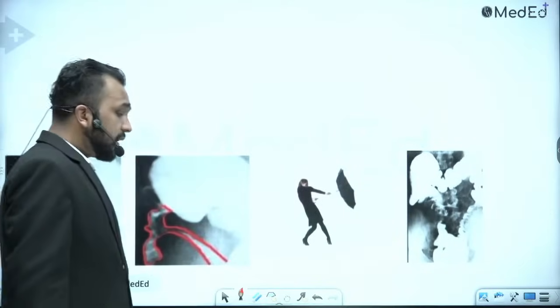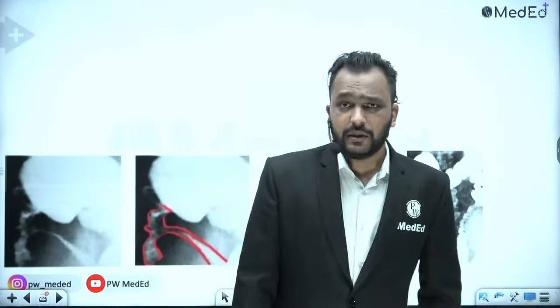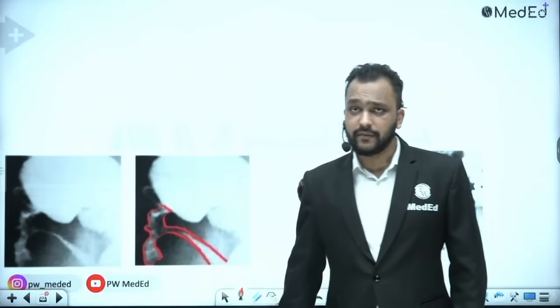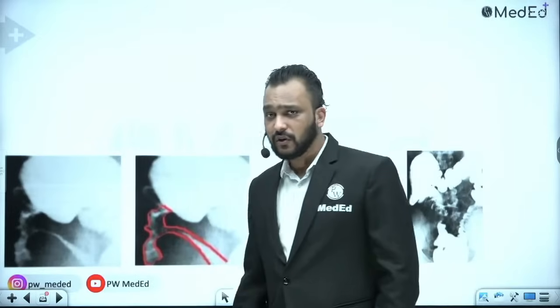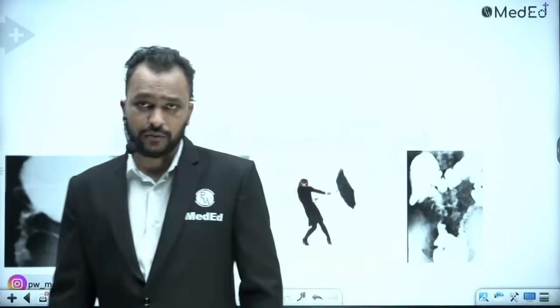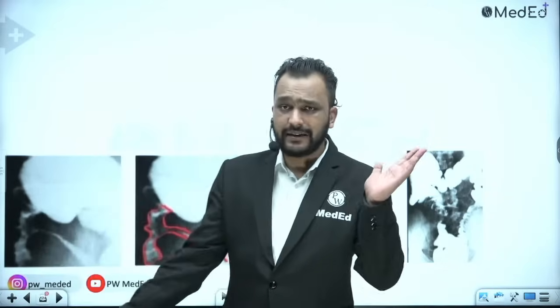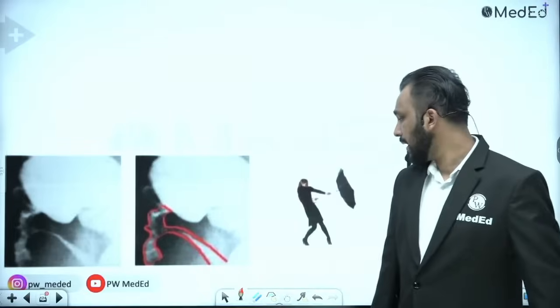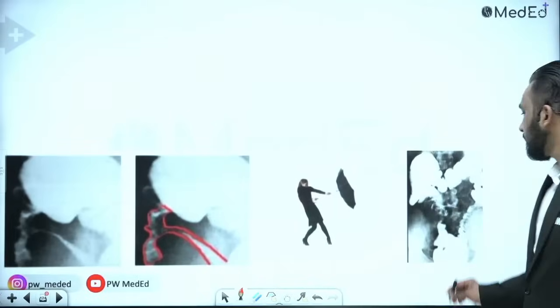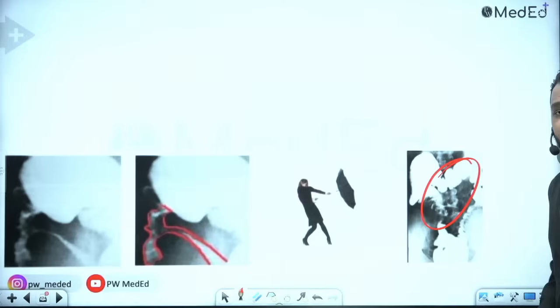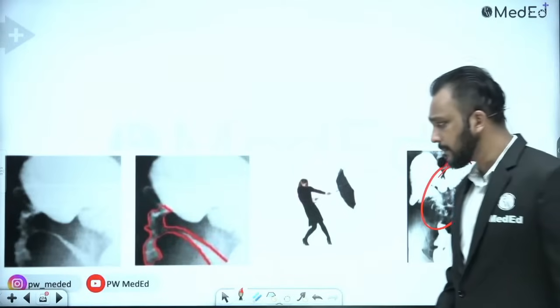Okay. Ileocecal tuberculosis. Again you should be aware of all the named signs of ileocecal tuberculosis. There is widening of the ileocecal angle, which gives a deformity known as goose neck deformity.